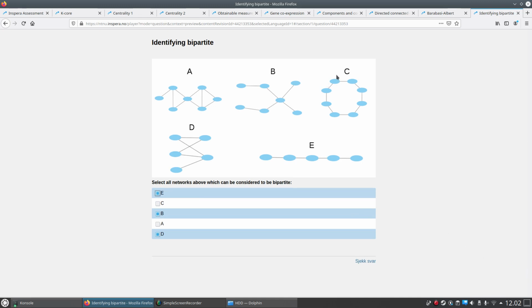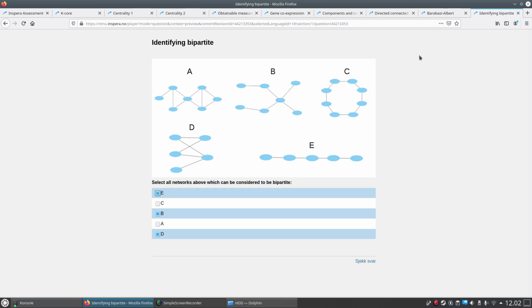Lastly, looking at C here, C does have a cycle, but since it's odd length cycles that cause a network to not be bipartite, we can just figure out how long the cycle is, because this is a very regular network. You have essentially one possible cycle for every start node, or two if you reverse directions, but they're functionally the same, right?